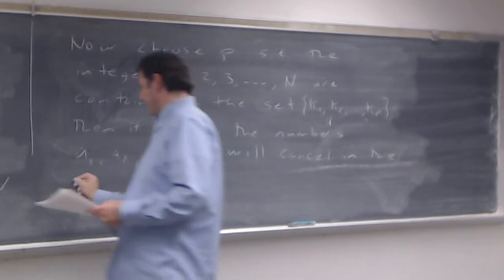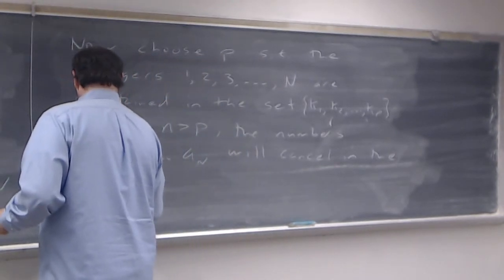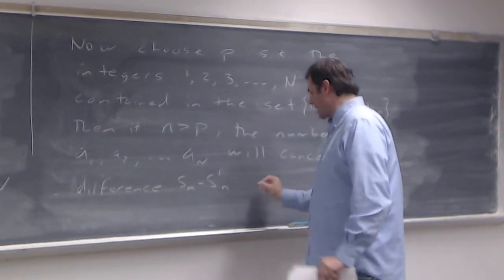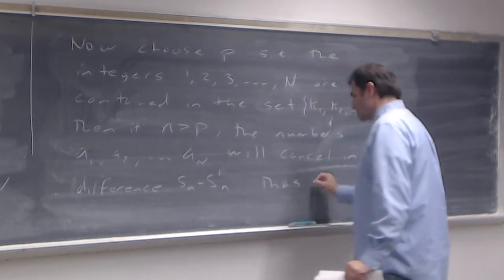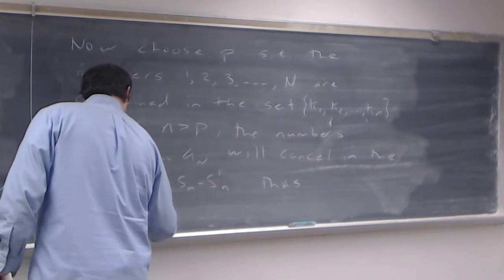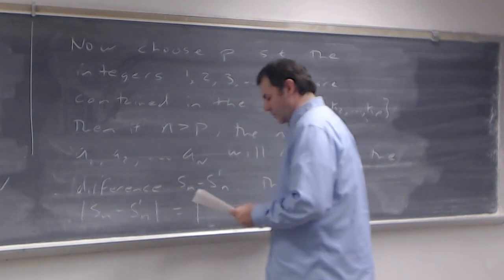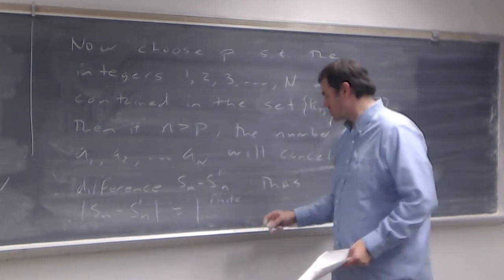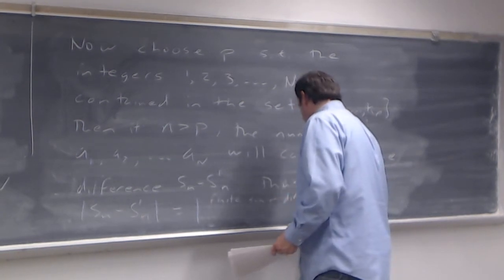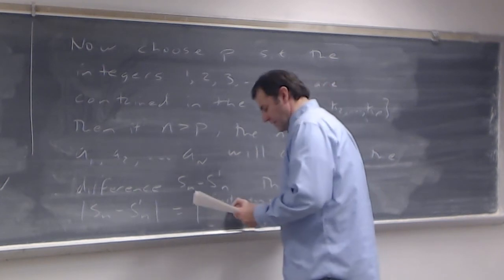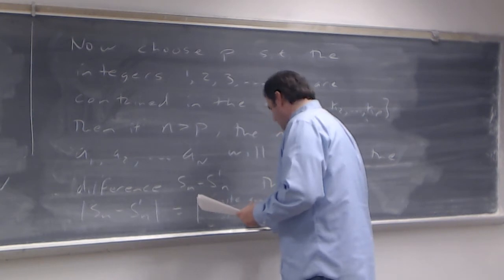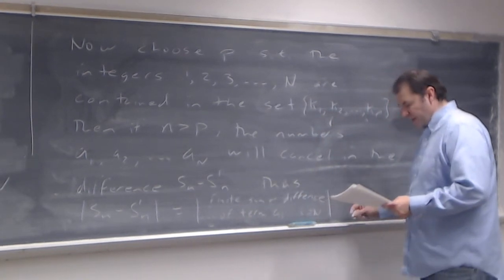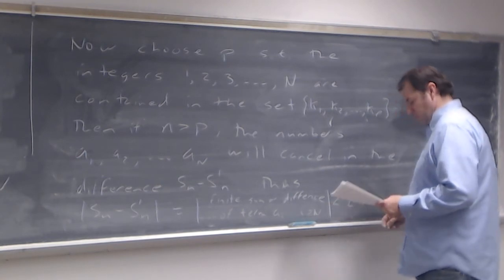And the difference of s sub n minus s prime sub n, when we look at that difference in absolute values, is going to be equal to, and I'm not going to get too specific with it, I'm just going to describe it in words, a finite sum or difference of terms a sub i, with i being greater than or equal to N. And what I know is that's going to be less than or equal to some sum of the absolute values of the a sub i's.